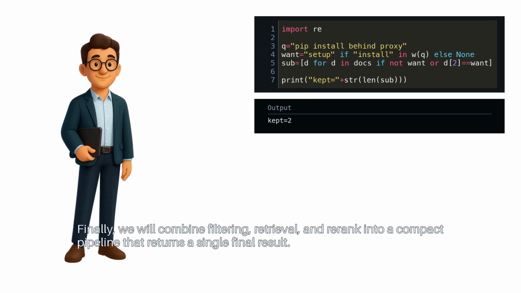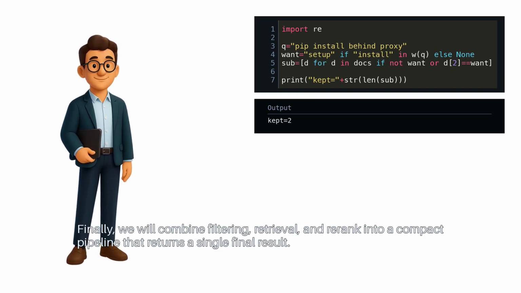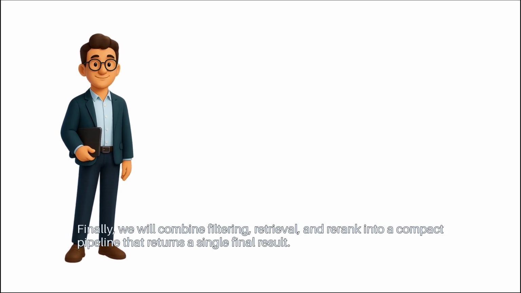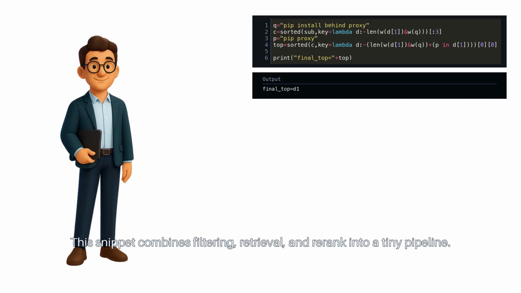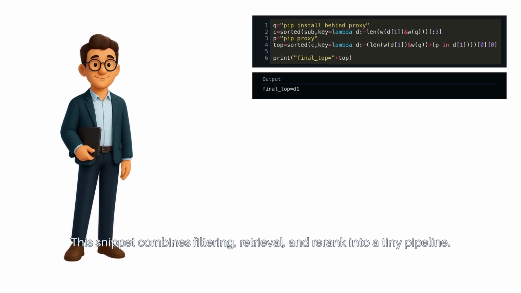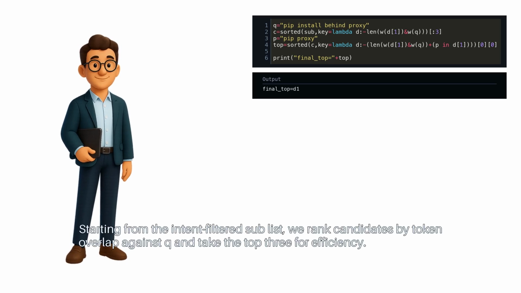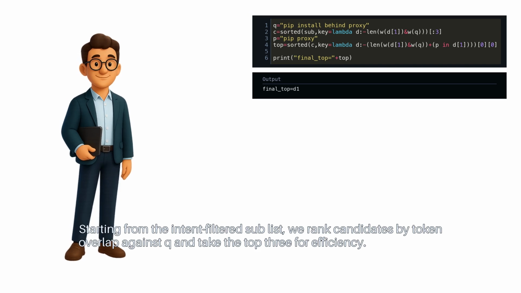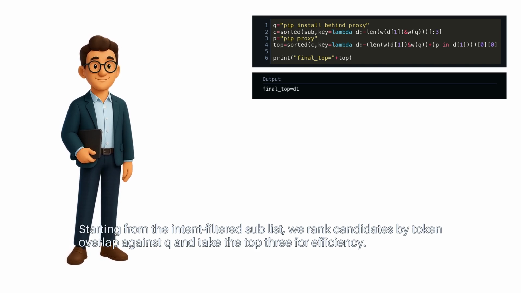Finally, we will combine filtering, retrieval, and re-rank into a compact pipeline that returns a single final result. This snippet combines filtering, retrieval, and re-rank into a tiny pipeline. Starting from the intent-filtered sublist, we rank candidates by token overlap against Q and take the top 3 for efficiency.